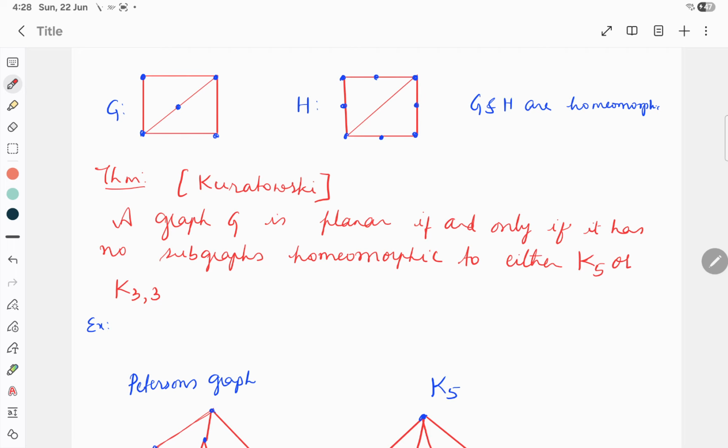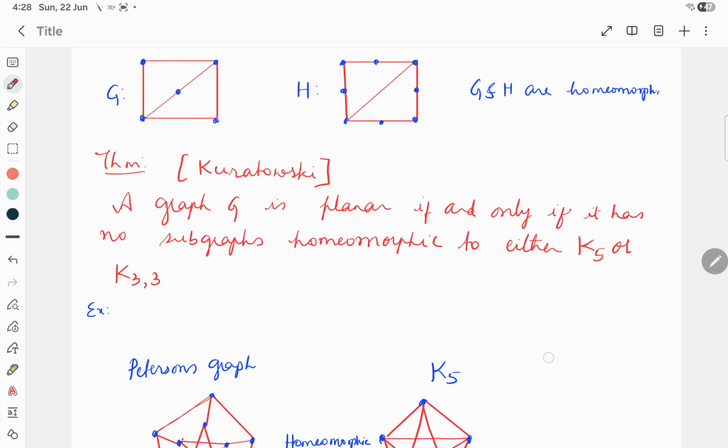The complete graph K5 and the complete bipartite graph K3,3 are the Kuratowski graphs, and the theorem states that a graph G is planar if and only if it has no subgraphs homeomorphic to either K5 or K3,3. I'll repeat: a graph G is planar if and only if it has no subgraphs homeomorphic to either K5 or K3,3.